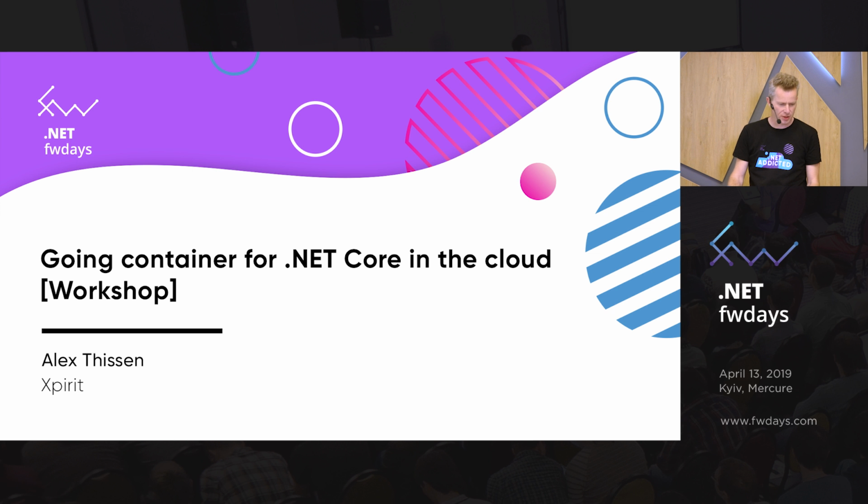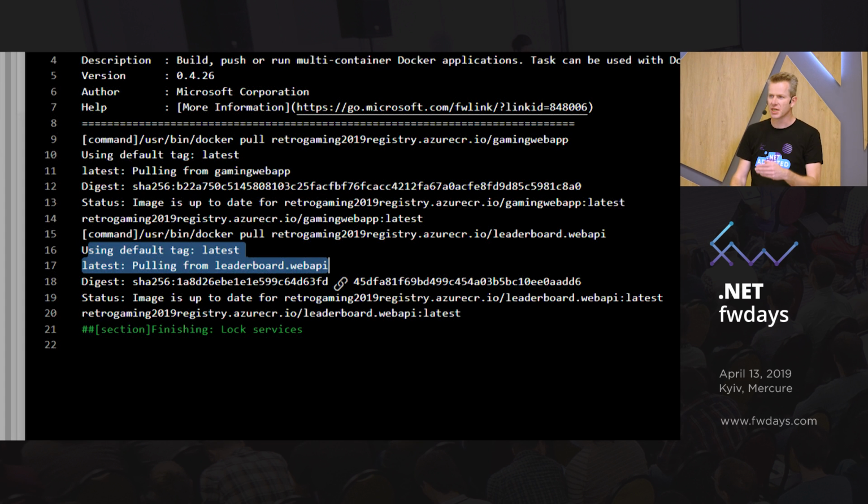So we should have a look at the build and the individual steps. So if you look here for lock services, what it does, it pulls the image. So it's pulling again from the registry. The thing we just put there, it's getting them again.